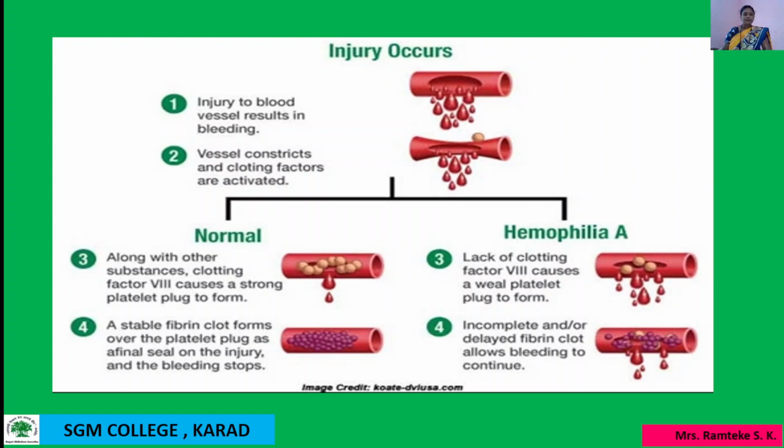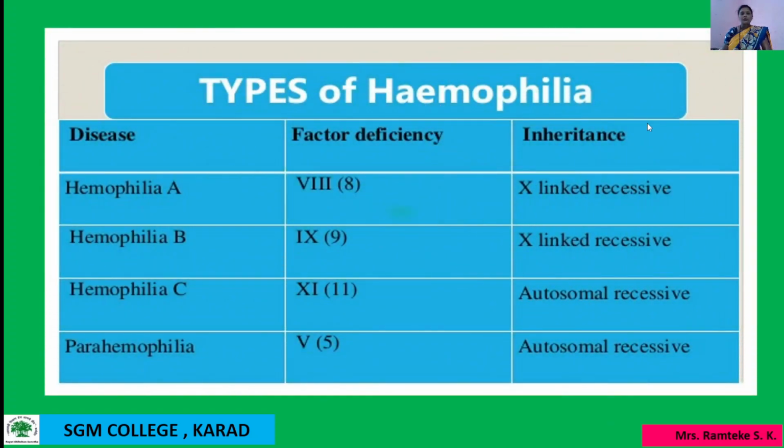Next slide, types of hemophilia: hemophilia A, hemophilia B, hemophilia C and parahemophilia. Hemophilia A is 8th factor deficiency, with X-linked recessive inheritance.